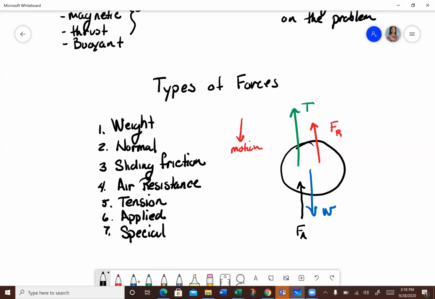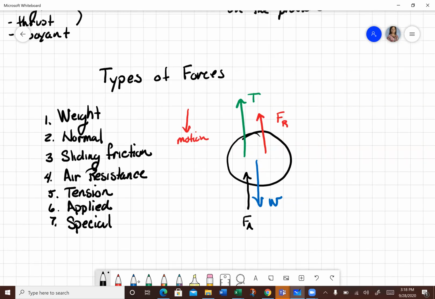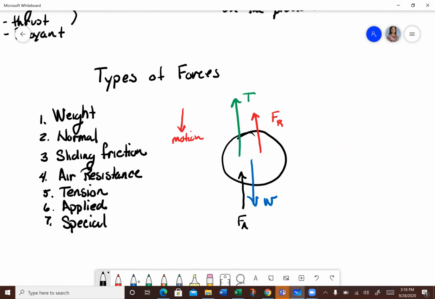Once I'm done with that, what I really want to do is go back and clean up this quick picture that I sketched. I then want to go back and just draw a dot representing my object. And then I want to draw all forces originating from that object. So I would have tension, air resistance, all acting in the same direction. Force applied. And then weight.